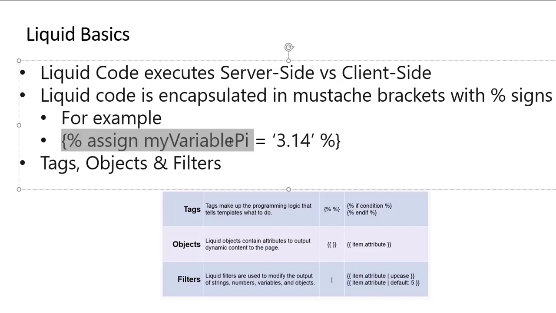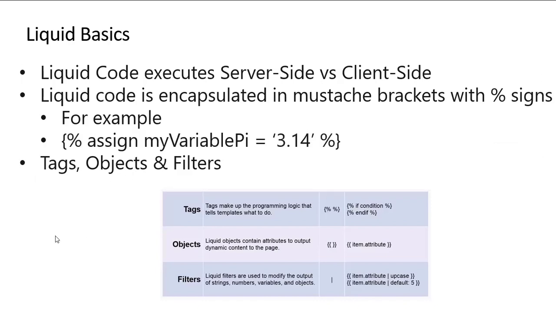So the Liquid is right here. Liquid is made up of tags, objects, and filters, and we'll talk a little bit more about those as we go through the examples, but you can see that in the documentation online, and we'll point that out.